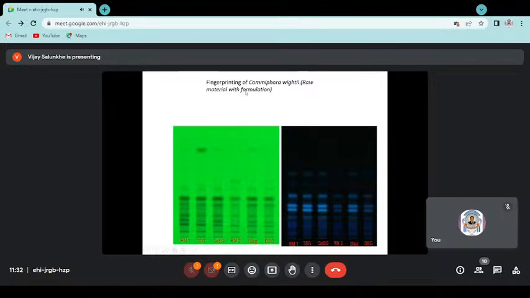For example, fingerprinting of Commiphora wightii, a raw material with formulation, Guggul. Such a typical example, your drug may be Ayurvedic, Siddha, Unani, homeopathic, whatever that plant may be. Plants contain extractive material, and different types of plant material contain different types of secondary metabolites. Those secondary metabolites may be alkaloid, glycoside, resin, tannin.